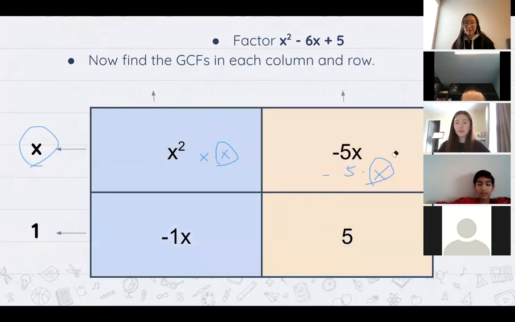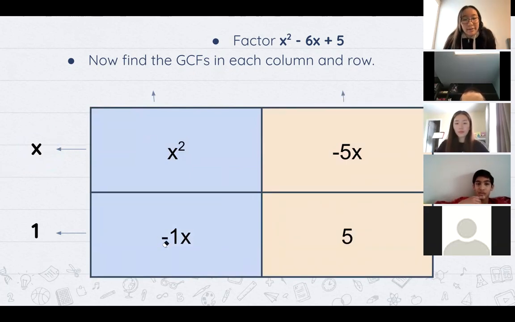Okay. Now we're going to do the same thing, except we're going to do the columns. So x squared and -1x. For -1x and 5, how come it wasn't 5? How come it was 1? Okay, well, we're looking for the greatest common factor, right?